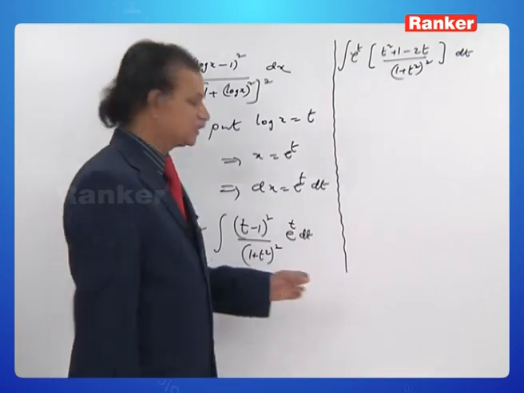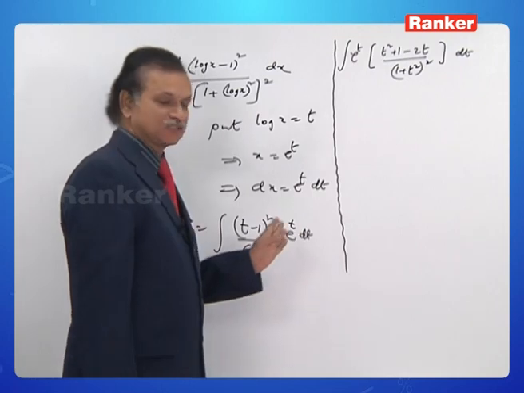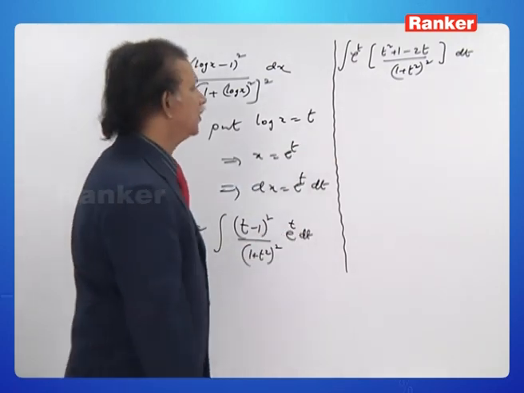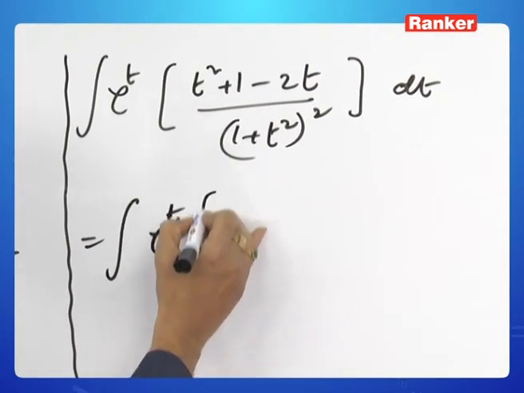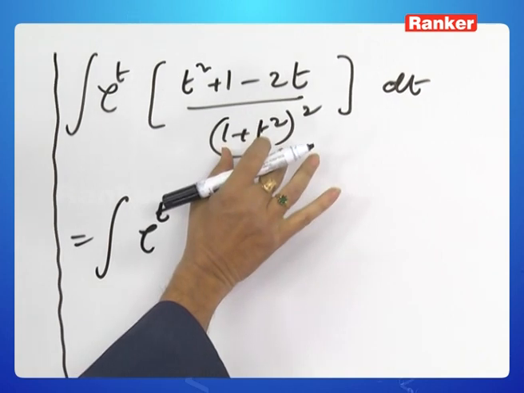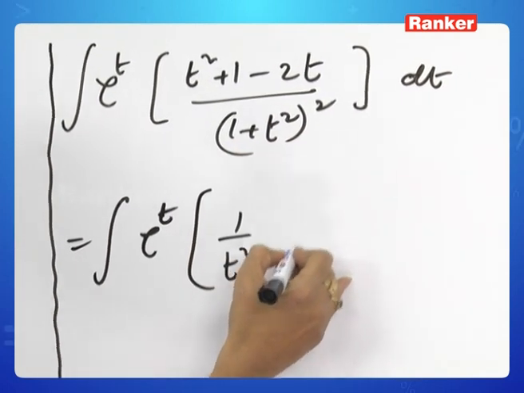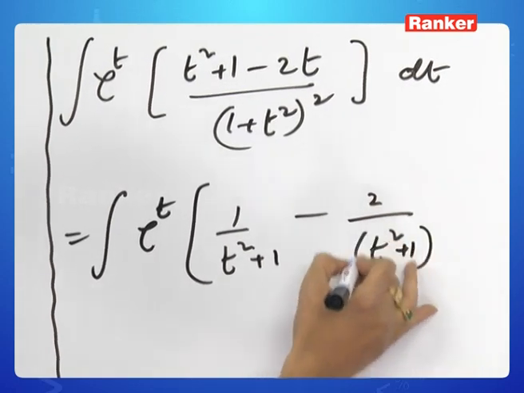I don't want to expand this, but I did it for the numerator. I could have expanded t minus 1 whole square in the form a minus b whole square. Okay, let us observe the next step, e power t into t square plus 1 by t square plus 1 whole square is 1 by t square plus 1 minus 2t by t square plus 1 whole square.